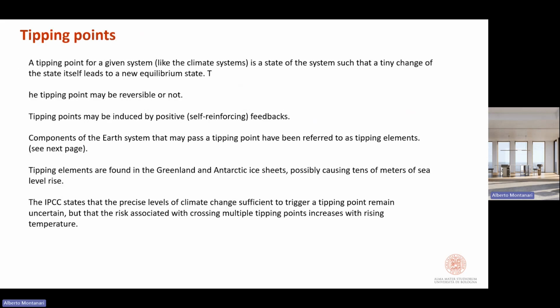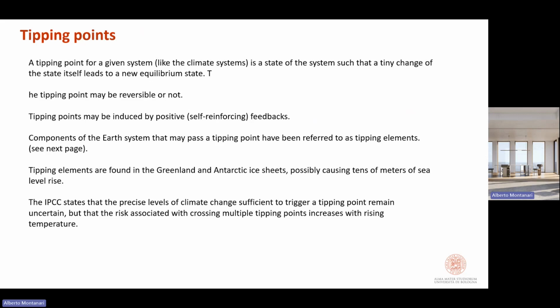I think here there is this slide with what I just mentioned to you, and even the IPCC, the Intergovernmental Panel on Climate Change, an international institution formed by a selection of very top scientists, recognizes that tipping points remain uncertain, and the climate models do not take into account tipping points because the mechanism is not known.